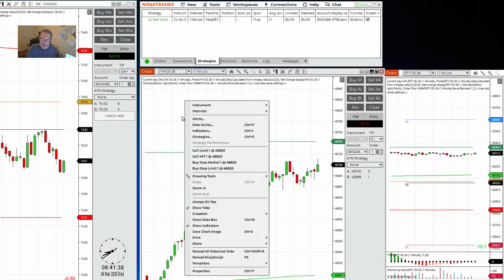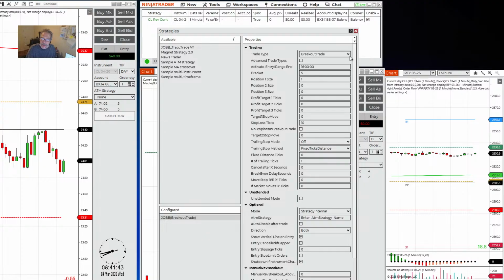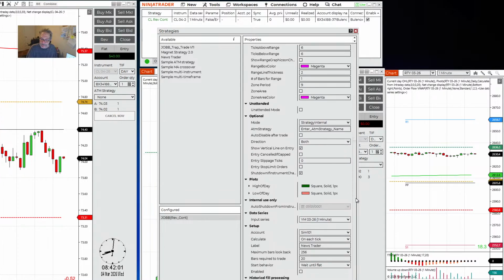Let's set up a reverse continuation on the YM. Click News Trader, change the breakout to a reverse continuation. Right now I got one contract, 35 tick target, 35 tick stop. And I'll trade YM in one of my morning funded accounts.